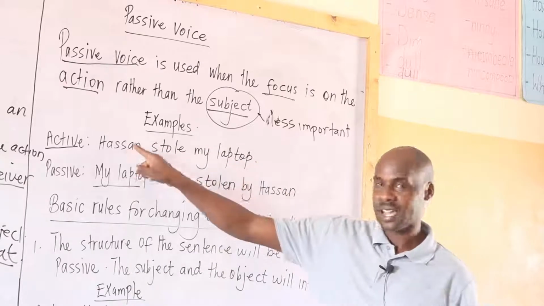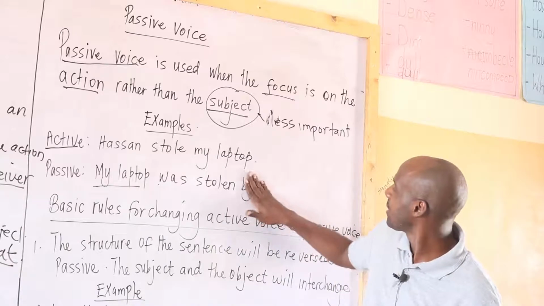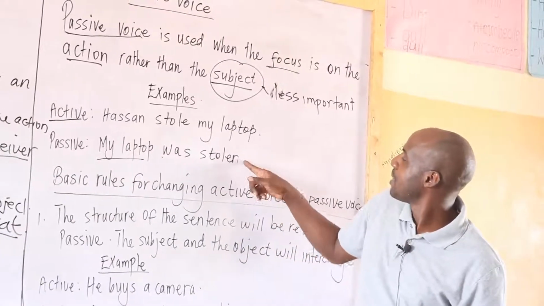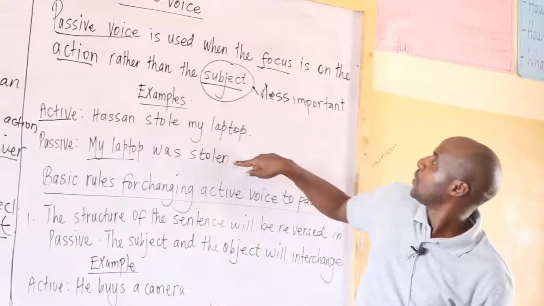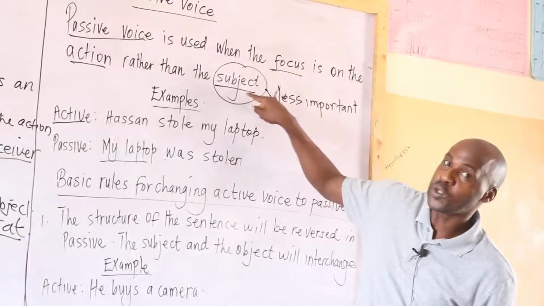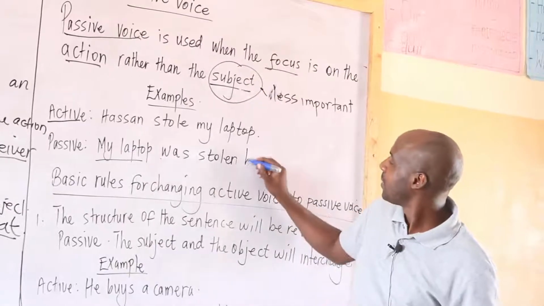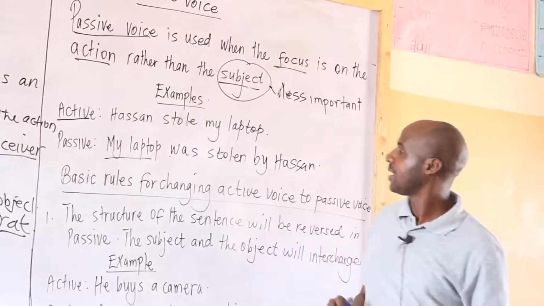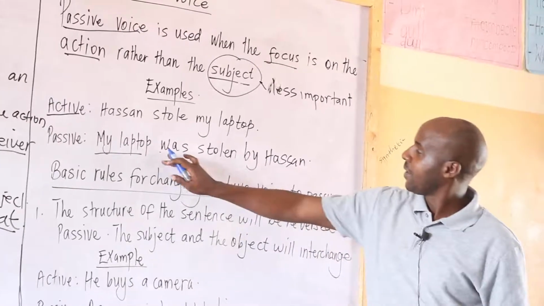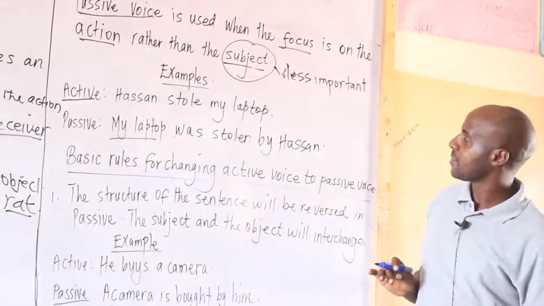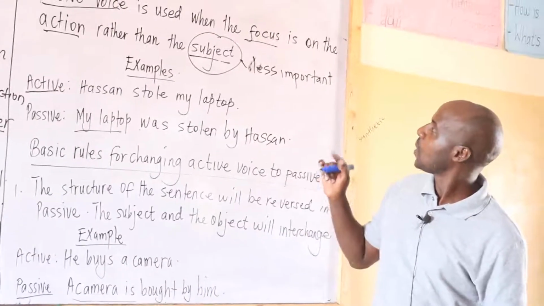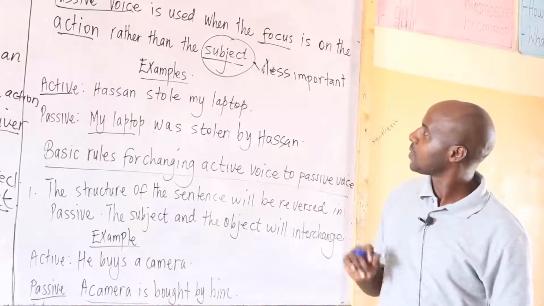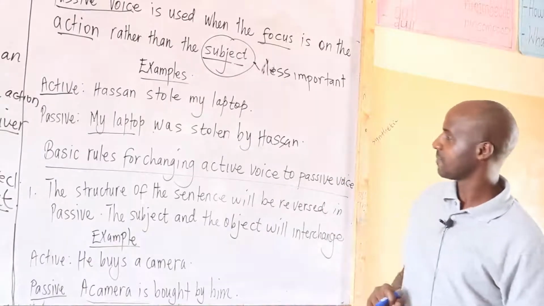Even if you just write, my laptop was stolen, it means you don't know who stole the laptop. But here still you can put it there. So that is now in passive voice. We use it when we want to focus mainly on the object rather than the subject.